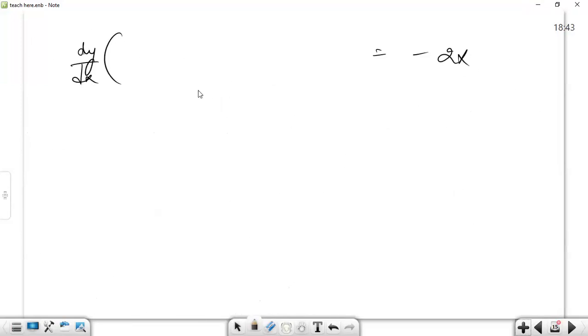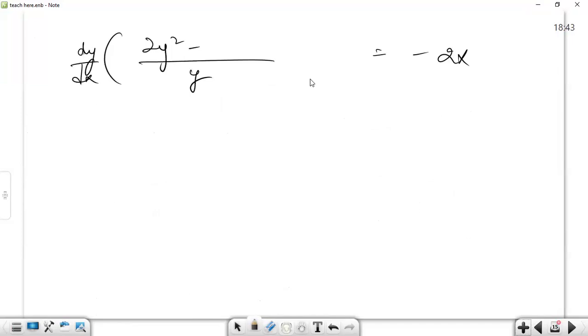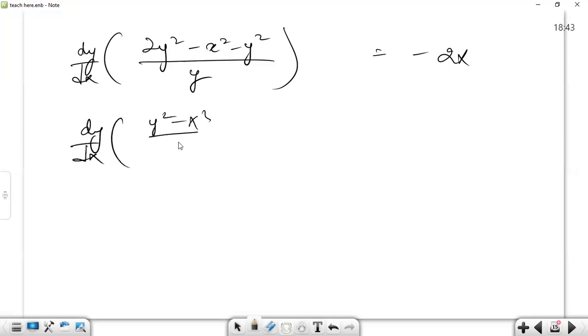Solving this, taking y as LCM, 2y square minus x square minus y square, so this becomes dy by dx into y square minus x square upon y is equal to minus of 2x.